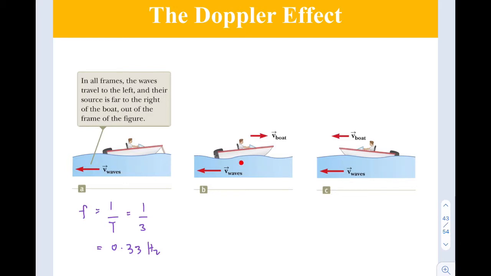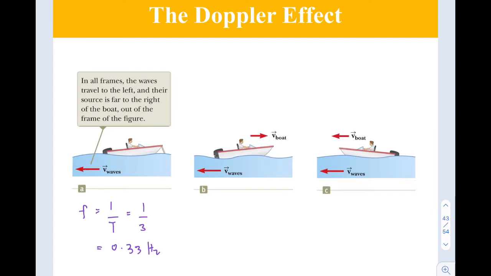Again, you set your watch at t equal to 0 as a crest hits the bow of your boat. Because you are moving towards the next wave crest as it moves towards you, it hits you in less than 3 seconds. In other words, the period you observe will be shorter. Because f equals 1 over T, you observe a higher wave frequency than when you are at rest.